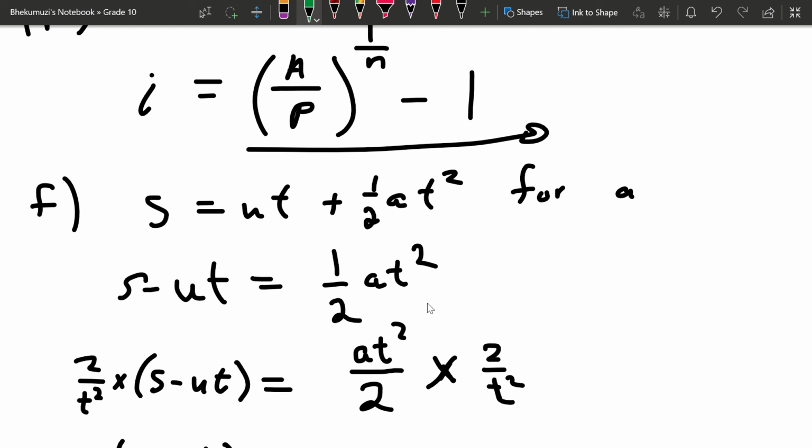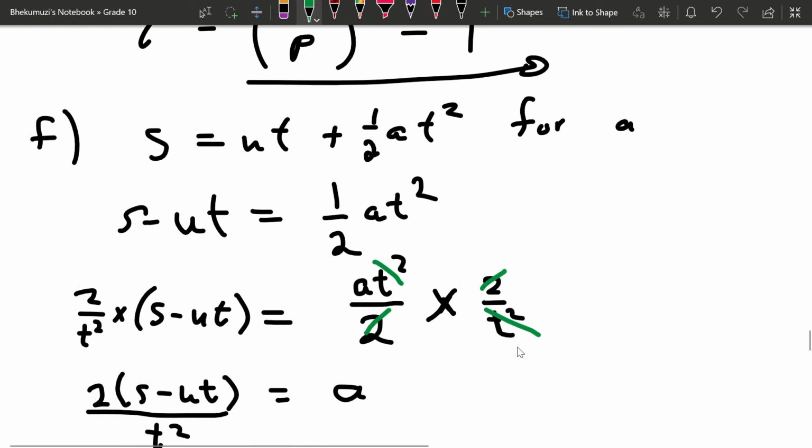So here it's actually simpler compared to the other one. You just take ut and subtract it from s, so it's s minus ut equals half a t squared. Now remember, half a t squared can also be seen as a t squared divided by 2, right? So if that's the case, then I can multiply it by 2 over t squared, because the t squared at the bottom will cancel the t squared at the top, and the 2 at the top will cancel the 2 at the bottom.